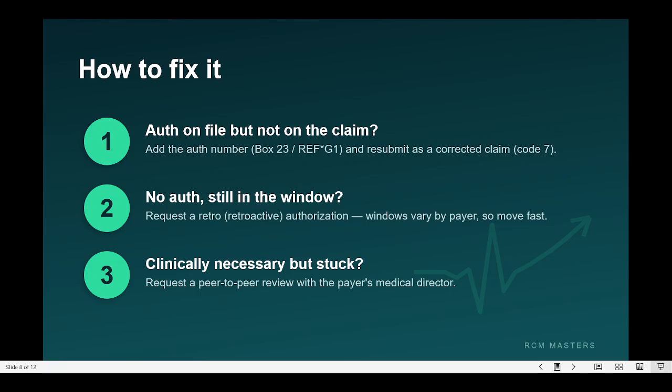Those windows vary a lot by each payer. So check fast. Step number three. If the service was clinically necessary but you are stuck, request a peer-to-peer review where your provider talks directly with the payer's medical director. This will solve most of the problems.